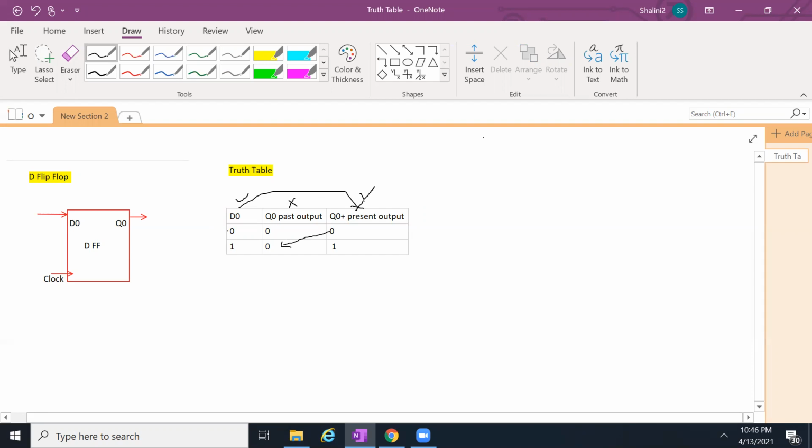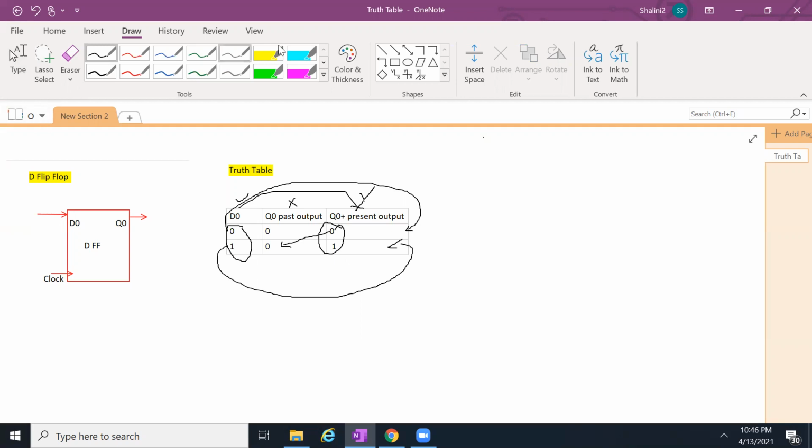If D0 is 0, our present output will be 0. If D0 is 1, Q0 plus will be 1. Whatever input is there, we get the same output. Now we will see in the waveform how it works.